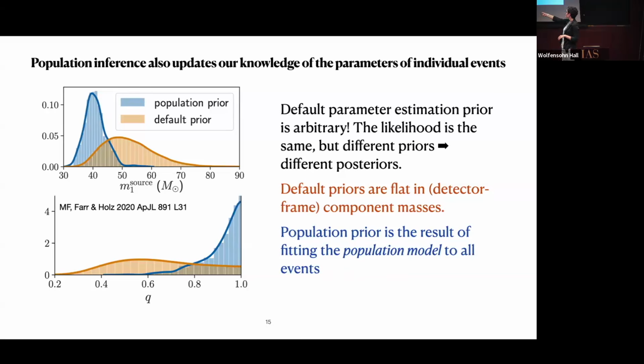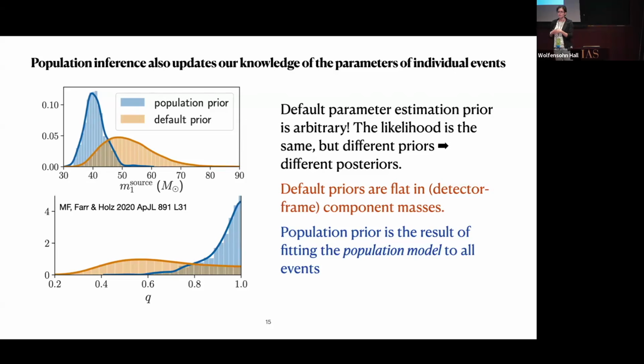That is shown in orange in terms of the source frame mass and also the mass ratio that we inferred. And that parameter estimation just uses some default priors. So it's just flat in detector frame masses, and the luminosity distance prior was uniform in luminosity distance cubed, just kind of arbitrary priors.